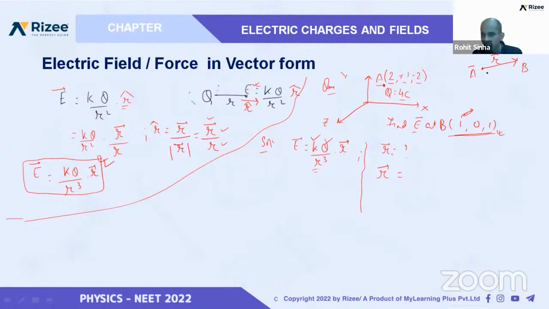So to find this r, we will find the position vector of B.